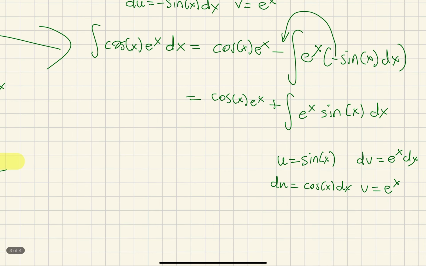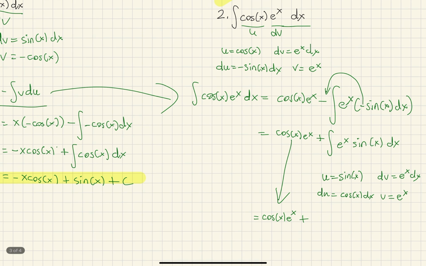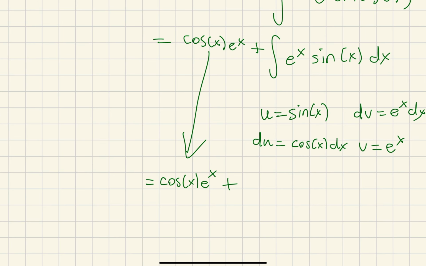So we plug this in all over again. Cosine x e to the x from the original, plus the integral, and doing integration by parts again, it would equal sine x e to the x minus the integral of e to the x cosine x dx.